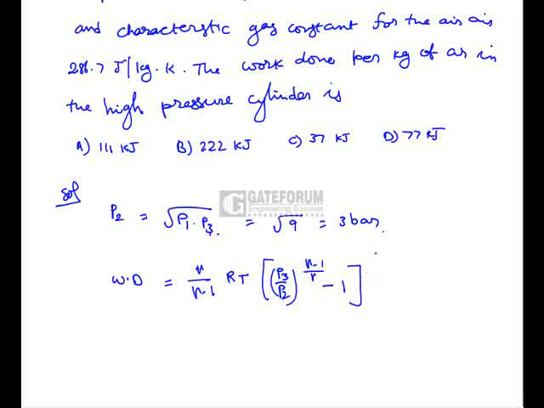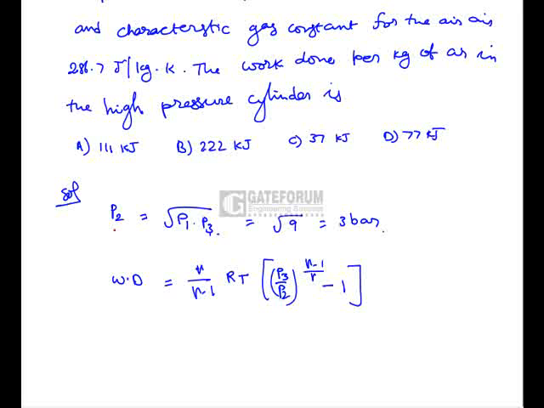So this is the work done on the high pressure cylinder, because it is a compression process. The ratio P3 by P2 is equal to 3.